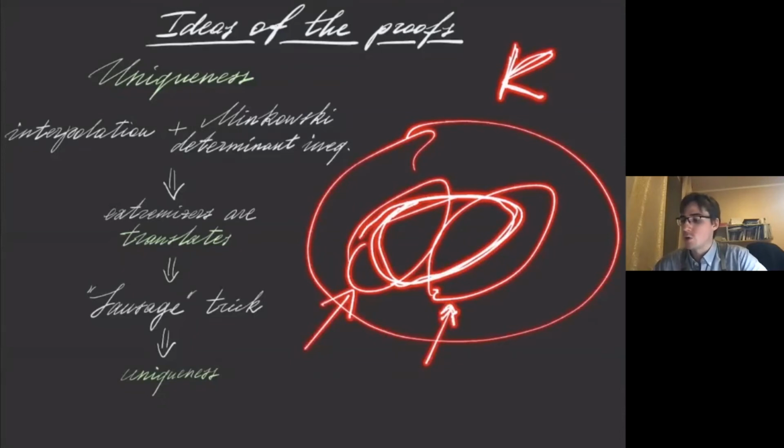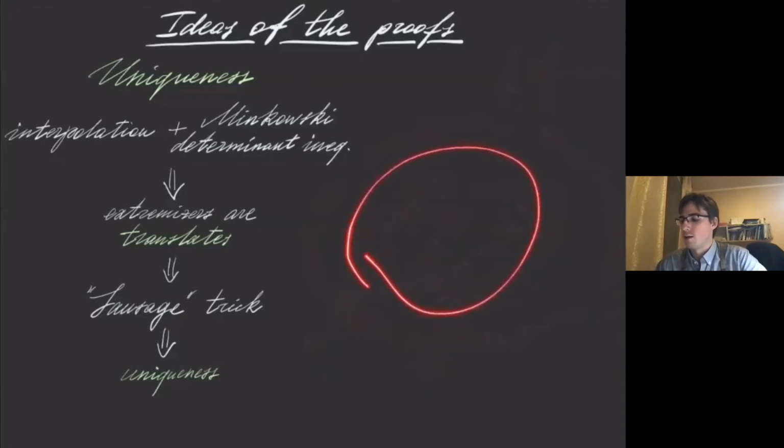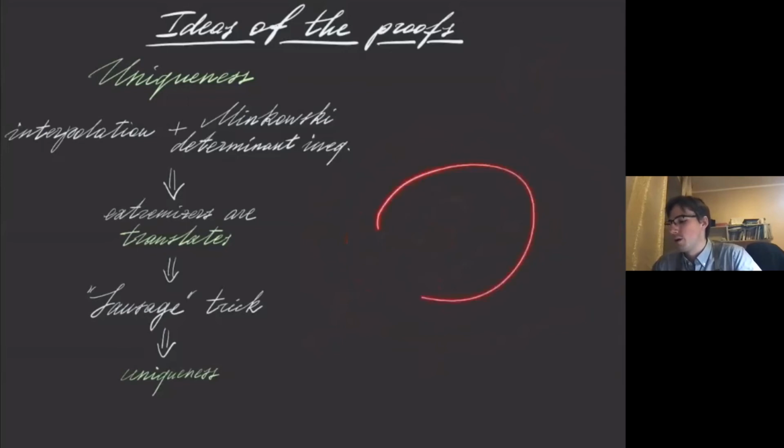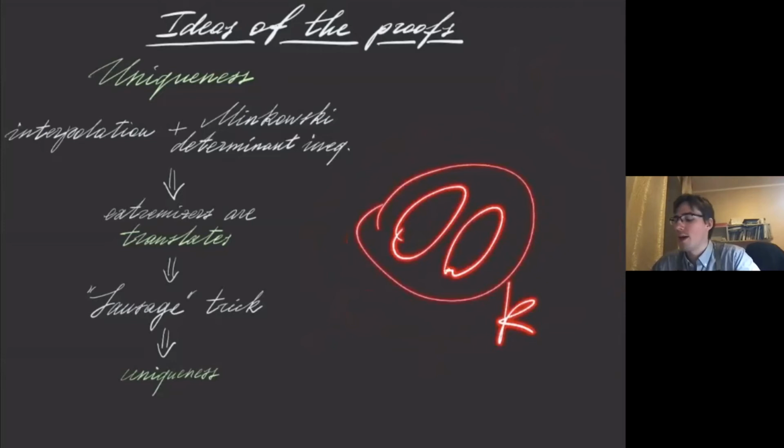So after some thinking, you come up with the idea that if there are two ellipsoids of maximal volume within the body K, then they have to be translates of one another. Then you can construct a third ellipsoid that is of strictly bigger volume than these two, and you're done.